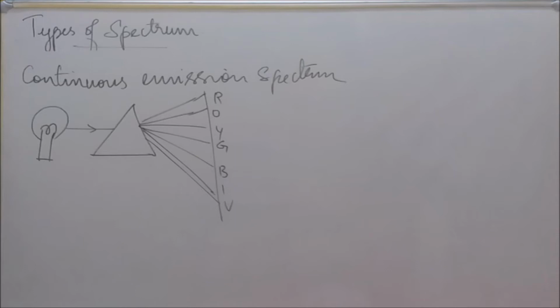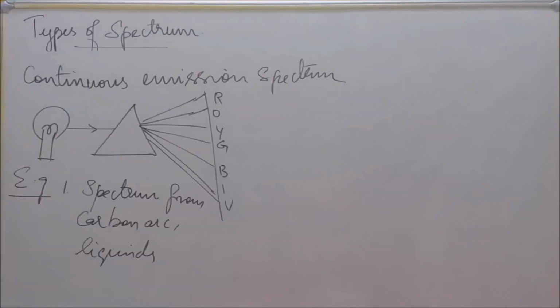Once the light is passing through the prism, it continuously emits all the colors. That is a continuous emission spectrum. Okay. And examples of continuous emission spectrum are spectra obtained from carbon arc and incandescent solids and liquids. Spectrum obtained from liquids gives what? Continuous spectrum. This is nothing but continuous emission spectrum.